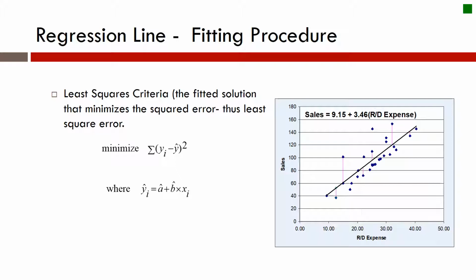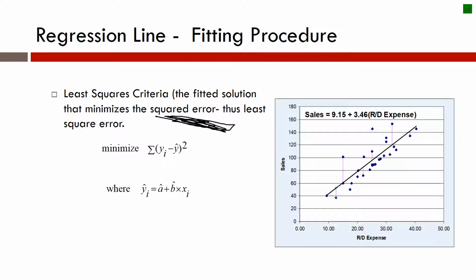So the least squares criterion is the objective of this type of research, of least squares regression anyways. We want the fitted solution to minimize the squared error of this variate.